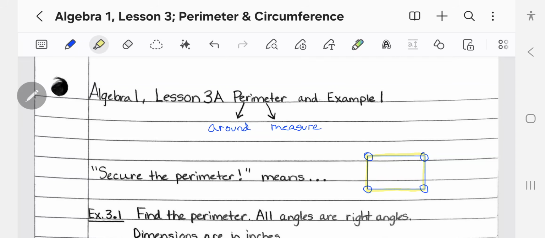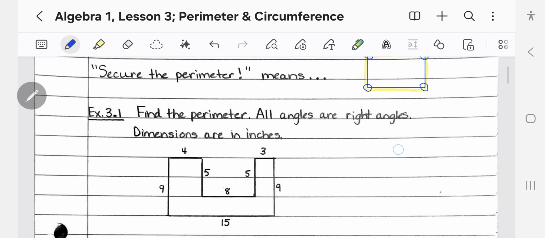They're trying to make sure that everything is safe. They are not talking about what's inside. Everything's secure inside, and we'll talk about what that is later. But when they say secure the perimeter, they mean those outside edges of this polygon, or the outside walls of their fort.